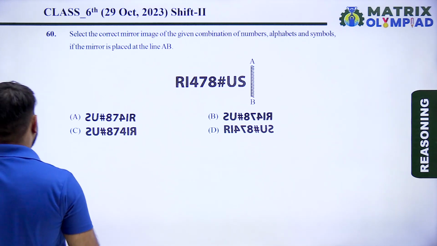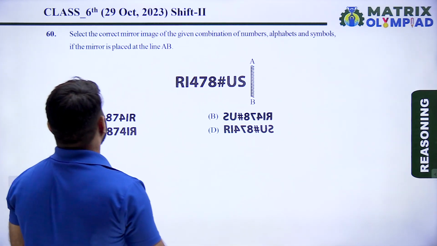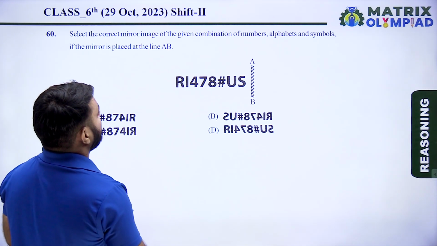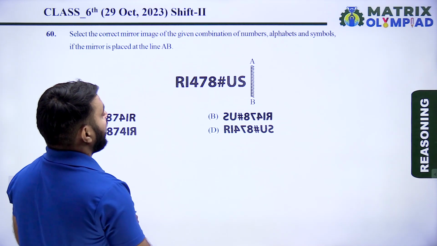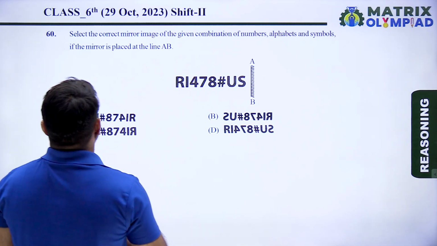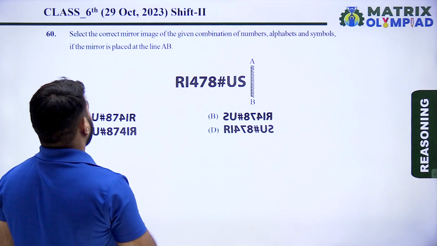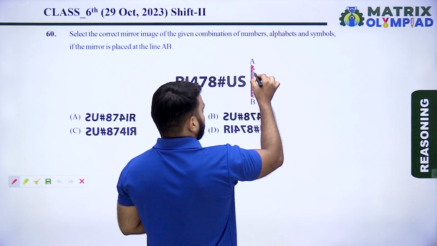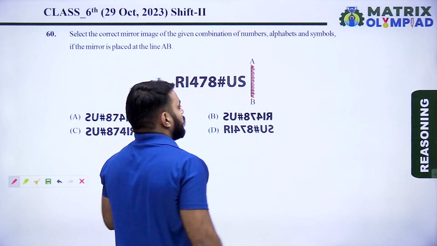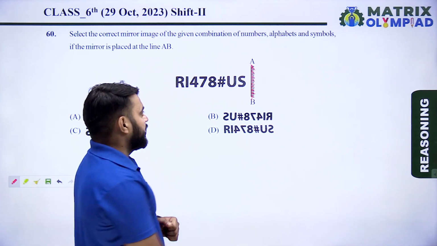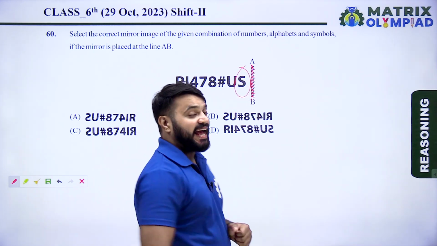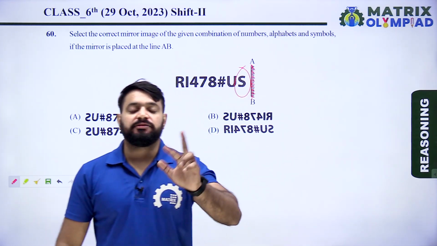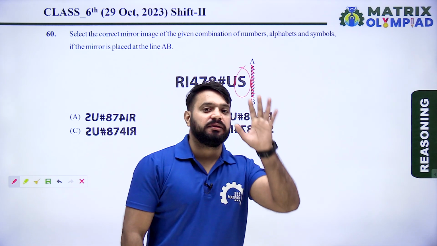So next question is question number 60. Select the correct mirror image of the given combination of numbers, alphabets and symbols if the mirror is placed at the line AB. So this is the mirror. So first find the mirror image of S, because S is near the mirror, so it will remain near the mirror in the mirror image.